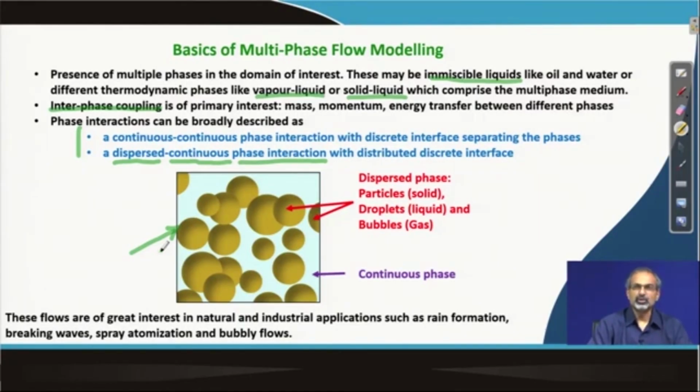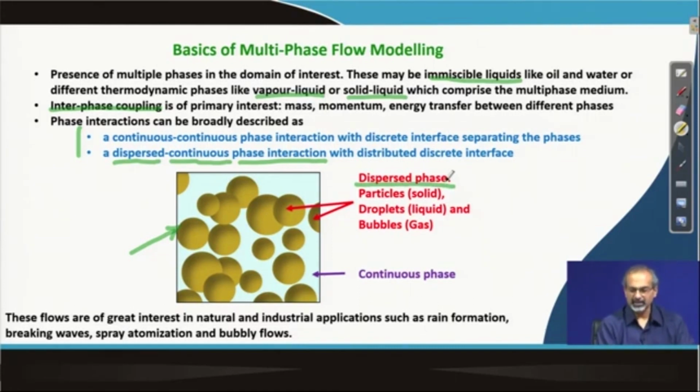In that case, the two liquids are immiscible, or they may even be bubbles which are essentially gas particles, if you call it that way. And in that case, you have the presence of a dispersed phase in a distributed manner in a continuous phase.